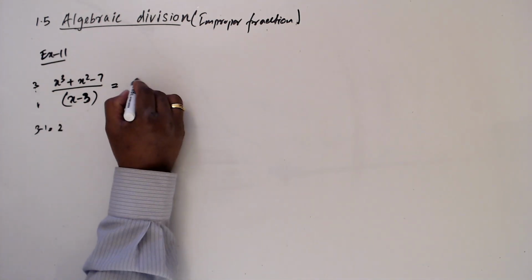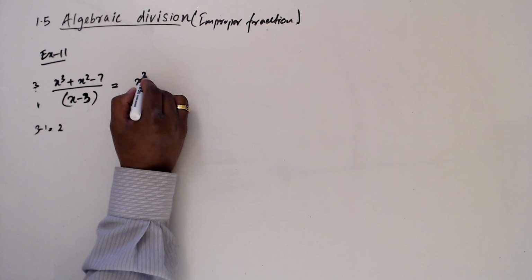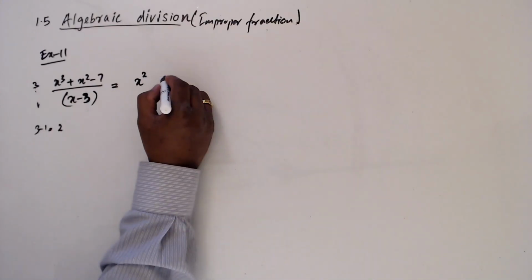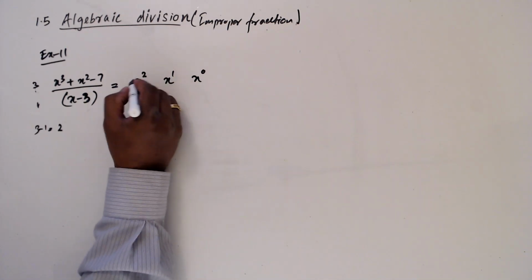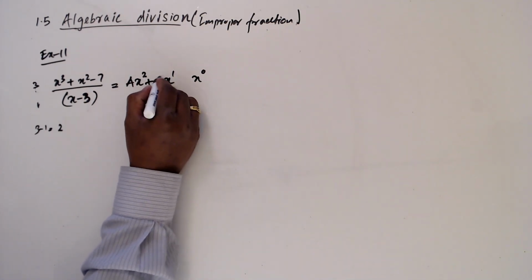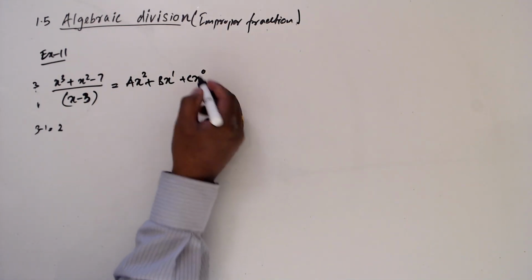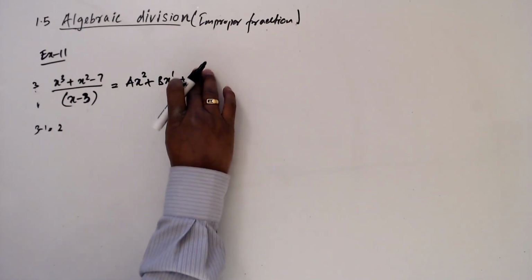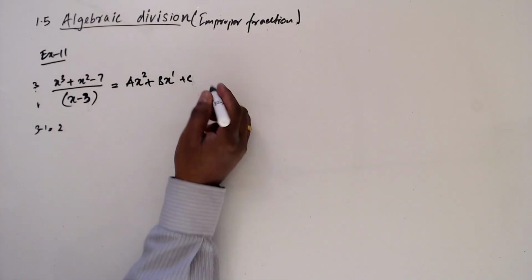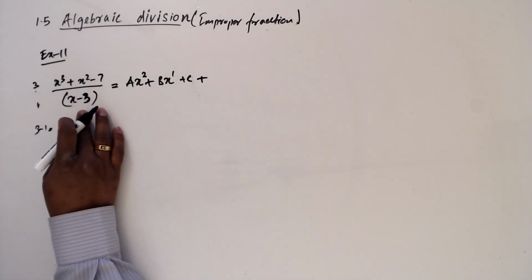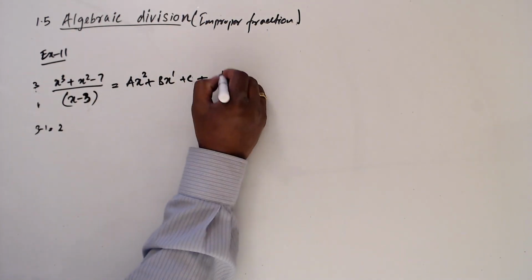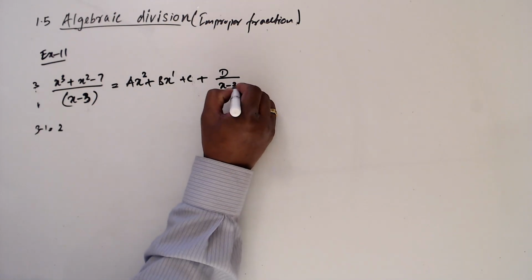Then you need to start with x square because of 2, then x1 and x0. So ax square plus bx plus c, where x0 is 1. So now I dealt with the numerator side. What is the denominator here? Only x minus 3. Then D over x minus 3.